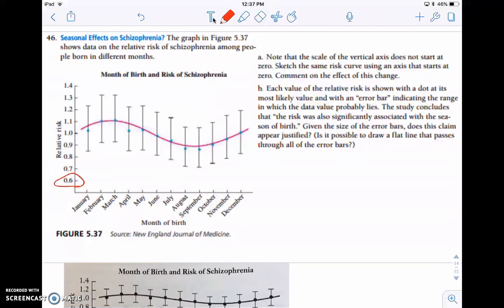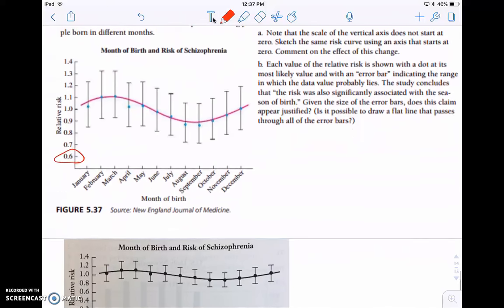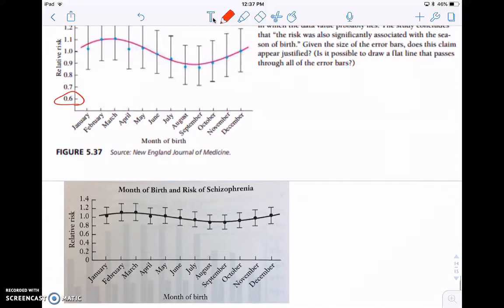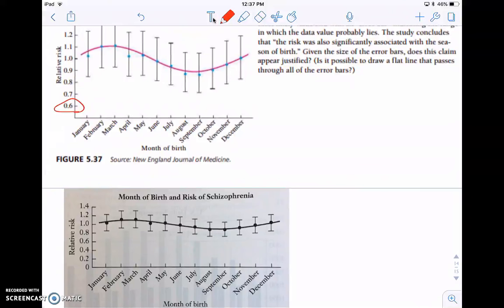Now, that was pretty difficult for me to do, so I have gone to technology here. And here is what it would look like down here in part A. Notice when we start at 0 and go by these increments to get up here so that our graph isn't too big, it takes these bars, these variations, and it shrinks them down.